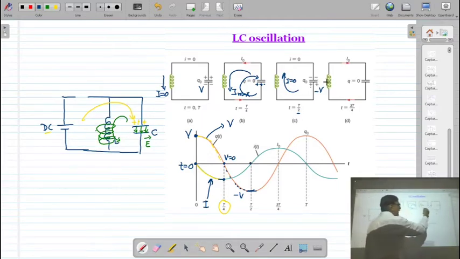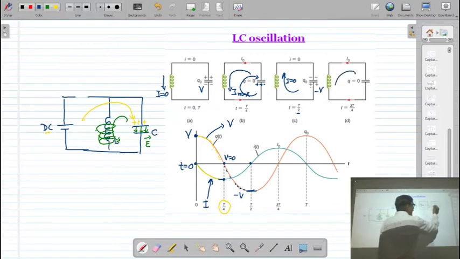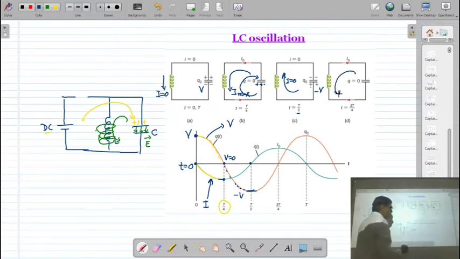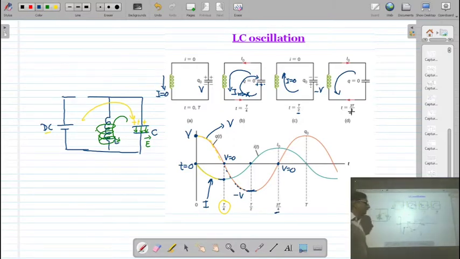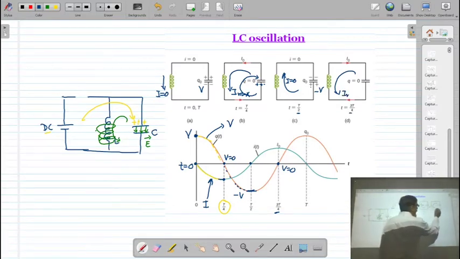So the voltage across the capacitor now goes on decreasing, and again at this point at 3T by 4 there is no electric field inside the capacitor, but there is a maximum current in the inductor. So here the current is going to be maximum.